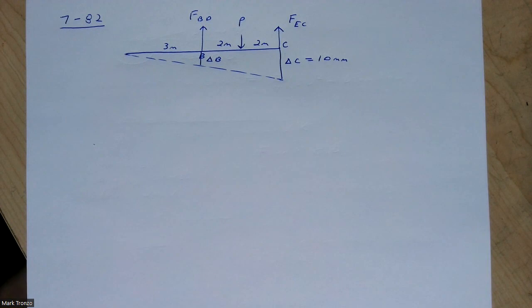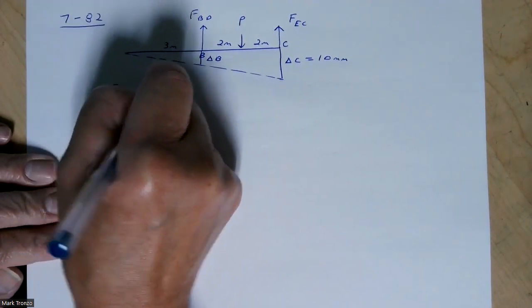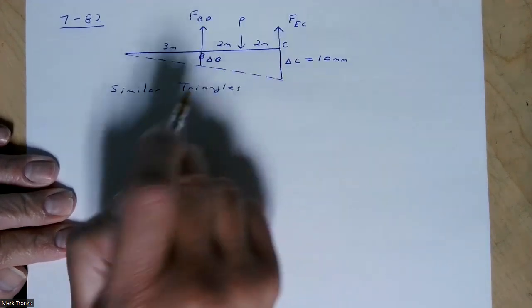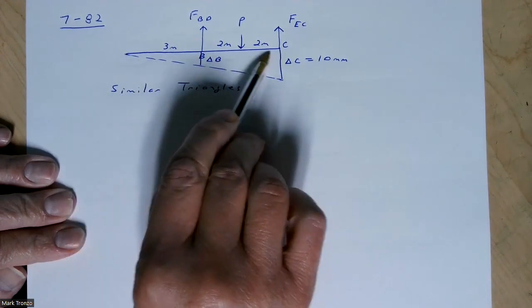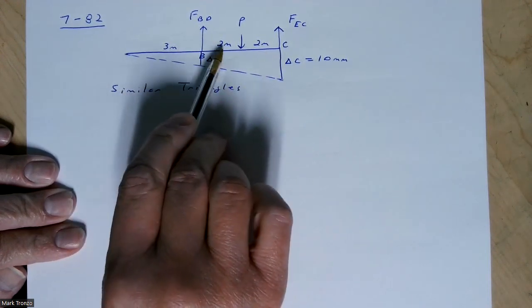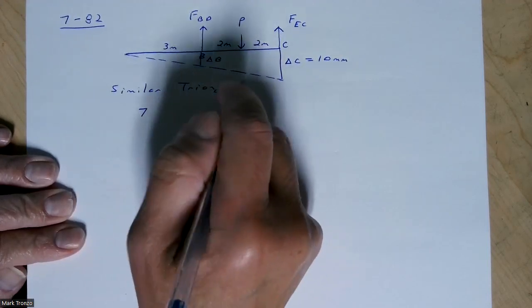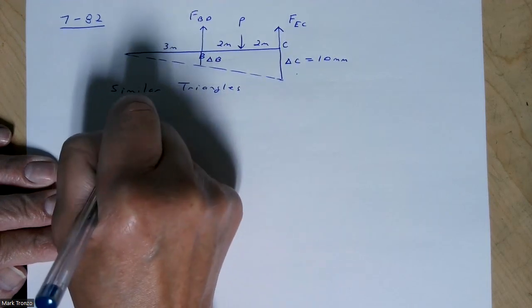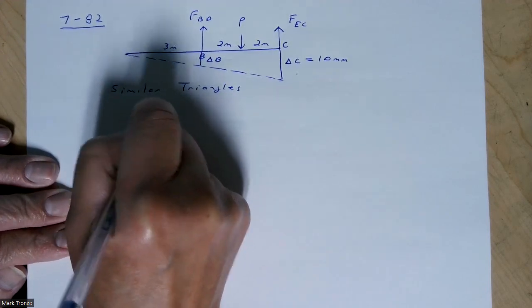One thing nice about this, we can use similar triangles. For example, we can say that this distance here, which is 357, divided by our delta C, which is going to be 10 millimeters.